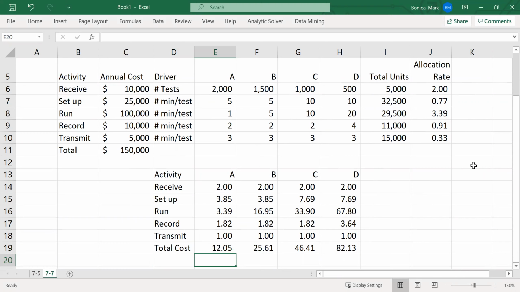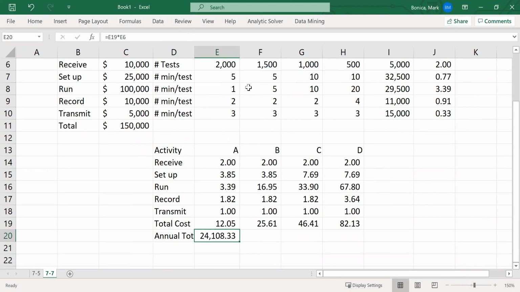So what we can say is, the annual total for A is going to be the total cost per test times the number of tests that they do, which is 2,000. And so we have 24,000.